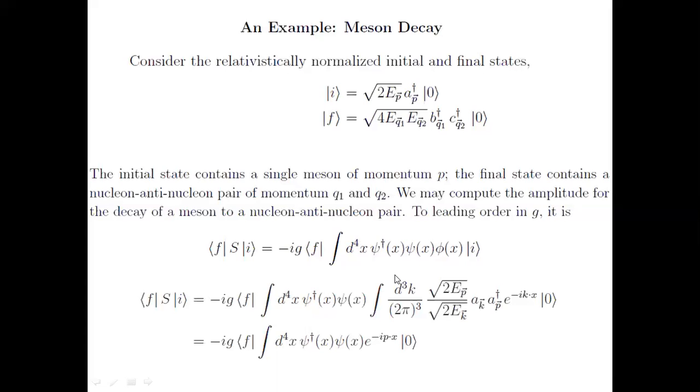Now, if we expand this according to this formula, we get something like this. The psi and psi dagger fields are left undisturbed for now. The A_P dagger term and the root over 2E_P term give us the meson. Now this meson will decay.